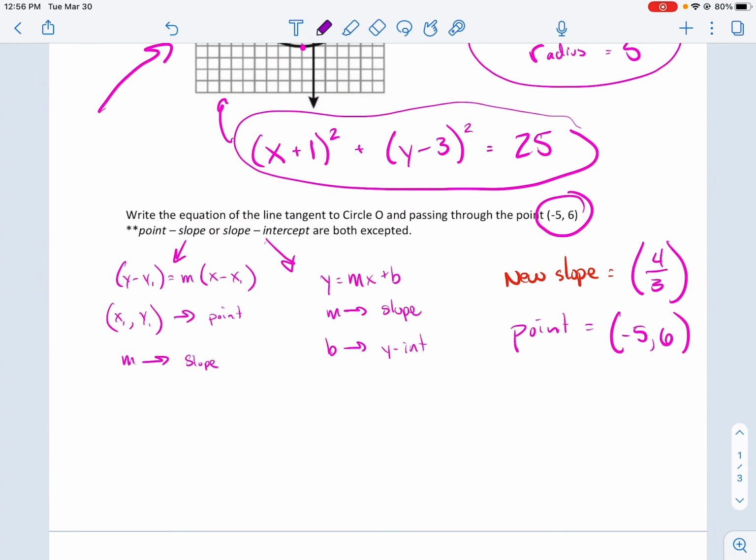So that means this is going to be y minus 6 is equal to 4/3 times x plus 5. If we simplify this, y minus 6 is equal to 4/3 x plus 20 over 3.